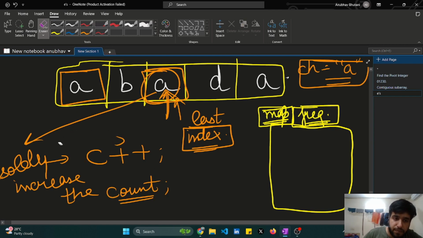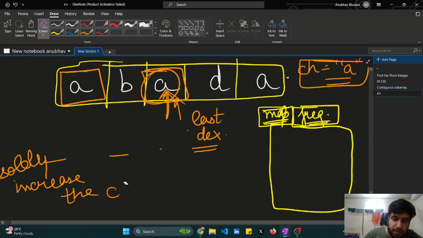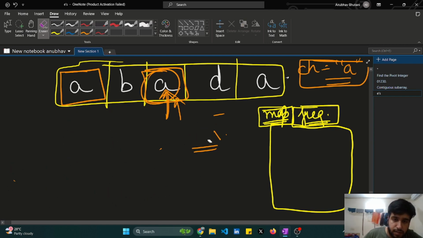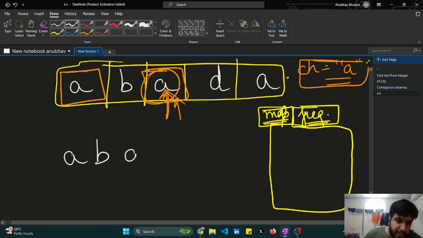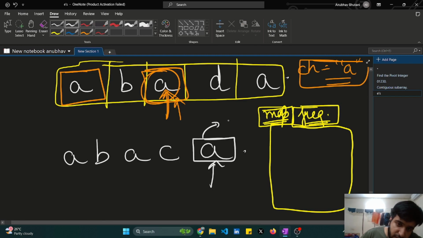How? See, if there is a substring like this, like A B A C A. Okay, so if I am standing at A, and this I know is the last position, what I'll check is, are there any A's before?